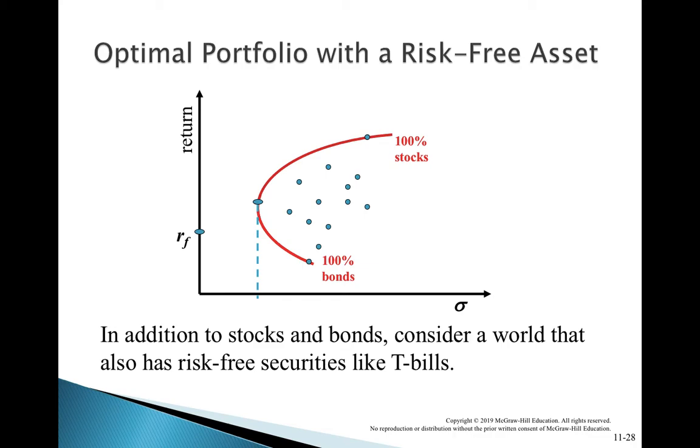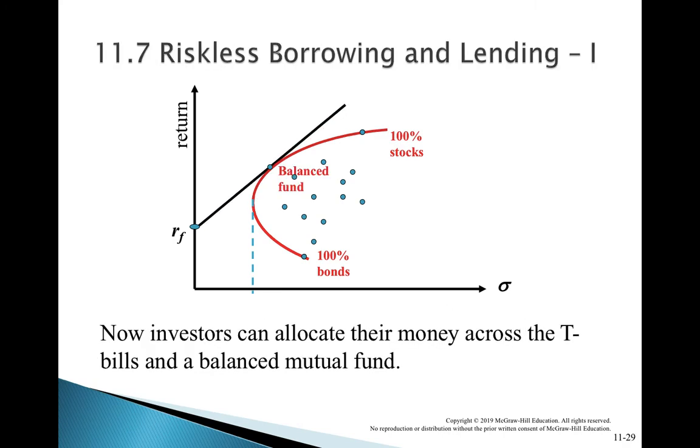Now what we will do, we will draw the capital market line here. How will we draw it? The capital market line will be the steepest line from the risk-free rate of return. So the steepest line will be drawn as the security market line or capital market line here.